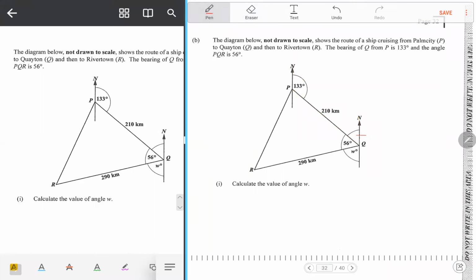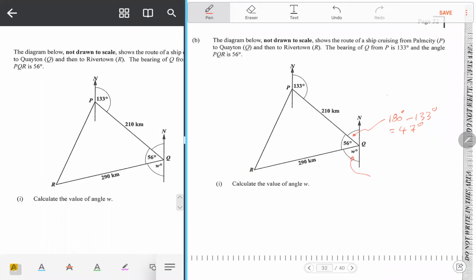So this angle here now, you can mark it on the diagram, is 180 degrees minus the 133 degrees. 180 degrees minus 133, and so that is 47 degrees. So that angle is 47 degrees. And then this angle down here now is 180 minus the sum of the other two because of a straight line.